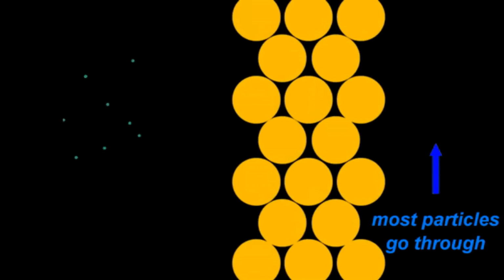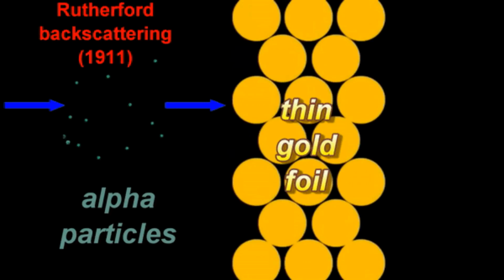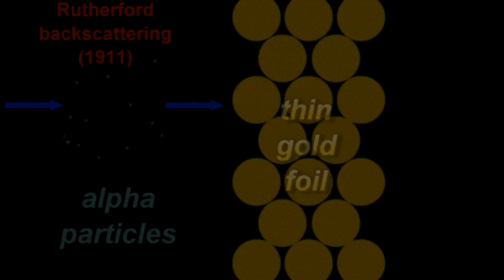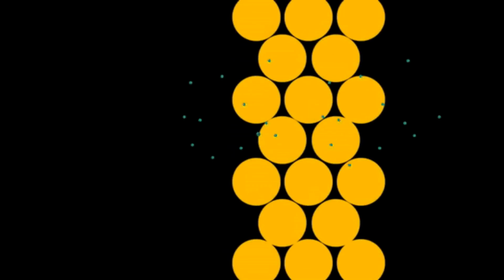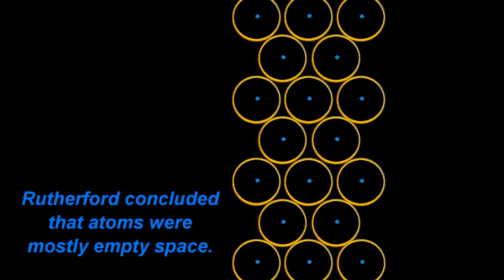And he came up with the idea that because of this, an atom was mostly empty space. That's why most of the particles went through. And the ones that bounced backwards were because they hit the proton. That's how he came up with the idea that atoms have a nucleus in them, and that nucleus is governed by a proton. Okay, so if these particles bounce back, well, then you can say, maybe photons also bounce backwards. But see, we've got a problem, because Rutherford reached the wrong conclusion.